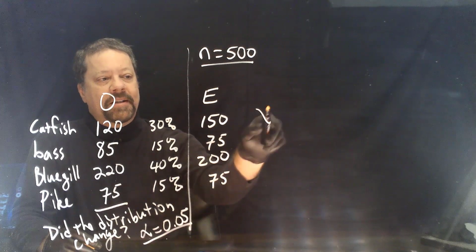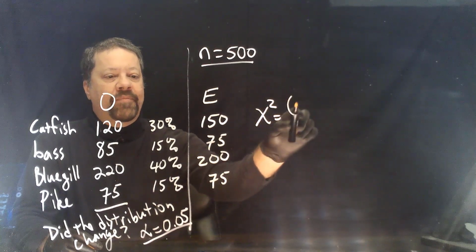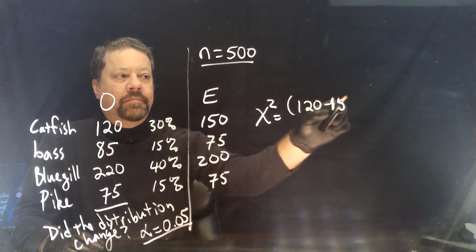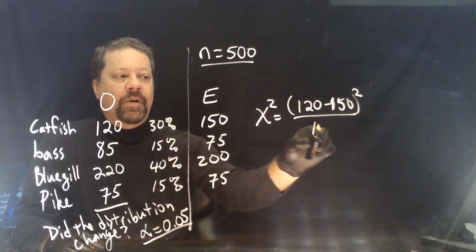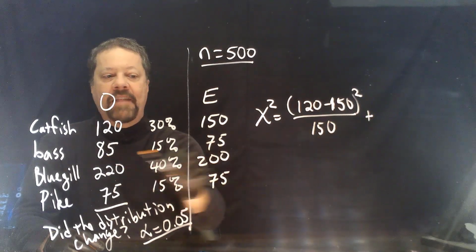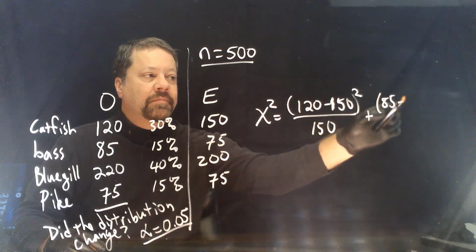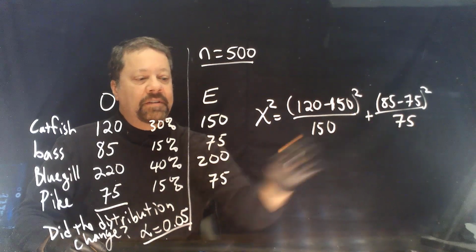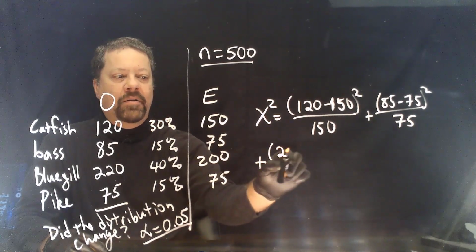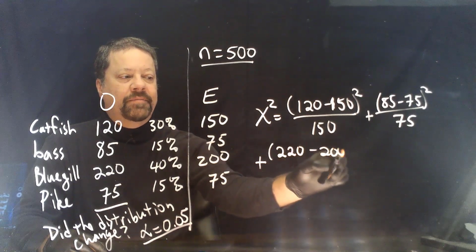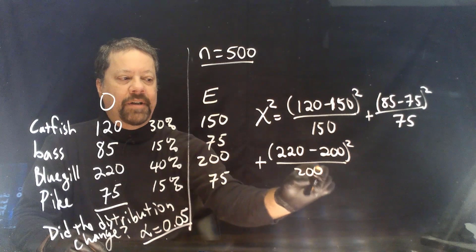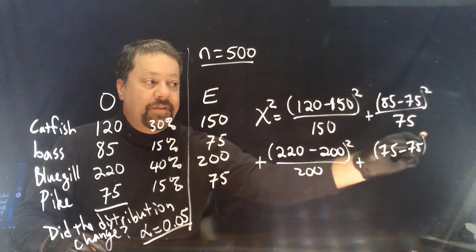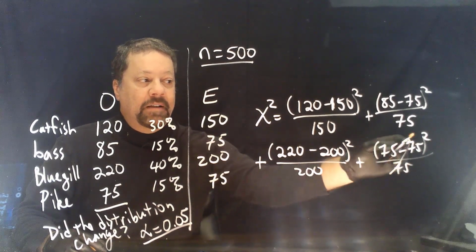So the chi-square statistic will be 120 minus 150 squared over 150 plus 85 minus 75 squared over 75 plus 220 minus 200 squared over 200 plus, well, 75 minus 75 squared over 75, but that's obviously 0.